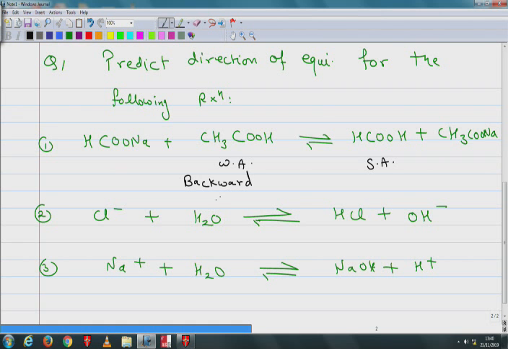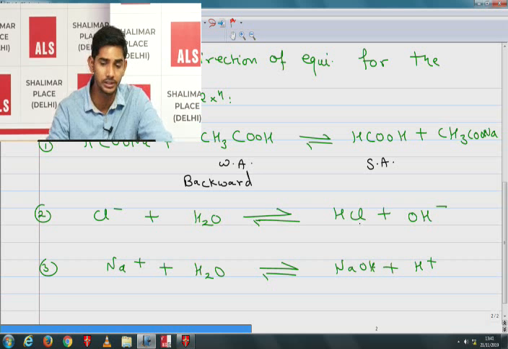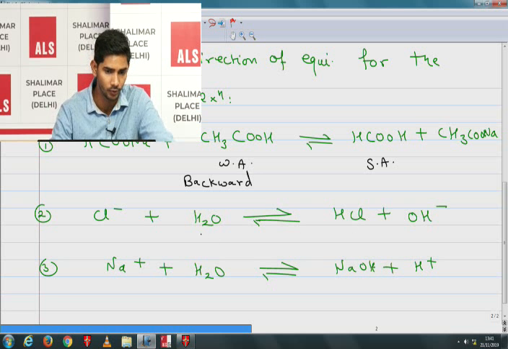Okay. Whereas in this case, first of all, you need to identify which one is acid and which one is base. So if you check out that water is proton donor here, this one will behave as an acid. And here on the right hand side, you can check out that HCl is already an acid. So water on comparison with HCl is found to be weaker acid.